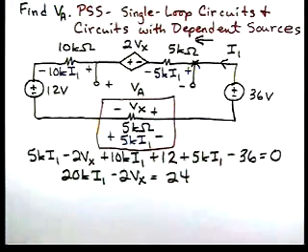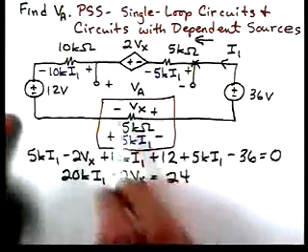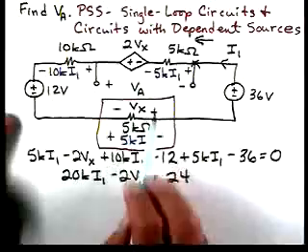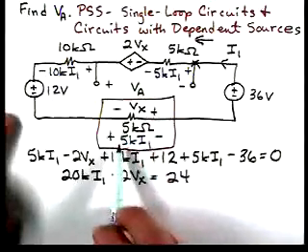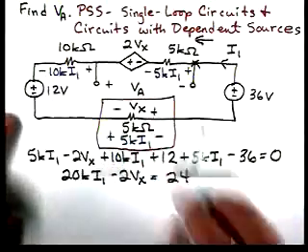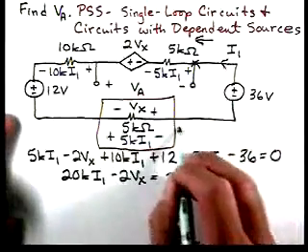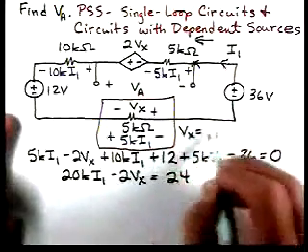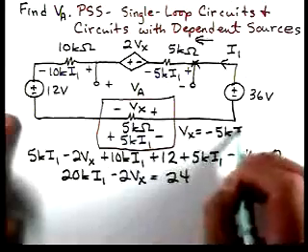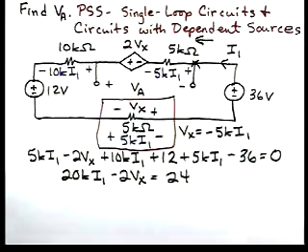If we look at this resistor, at the way Vx is defined, and at the polarity determined by the defined current, Vx is equal to minus 5K I1.